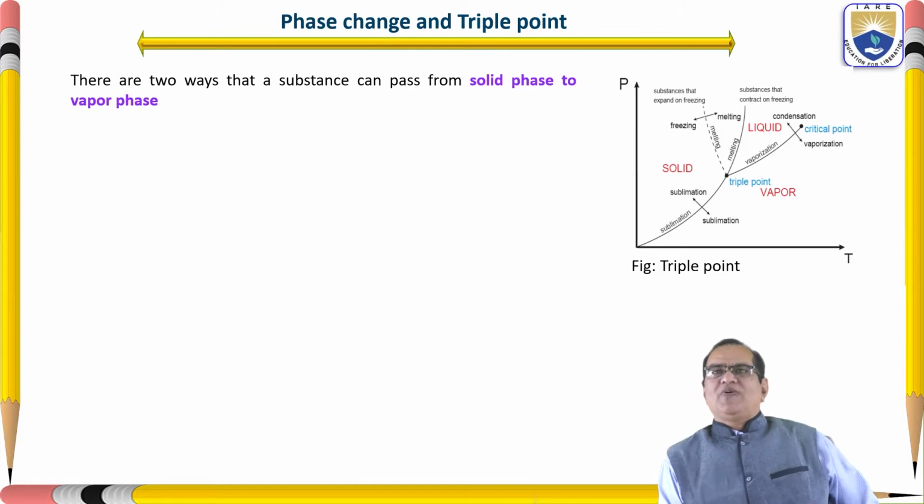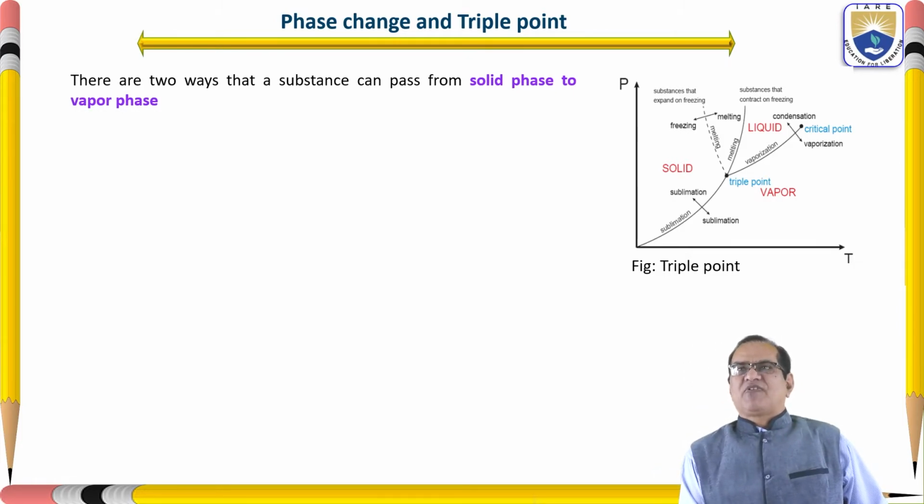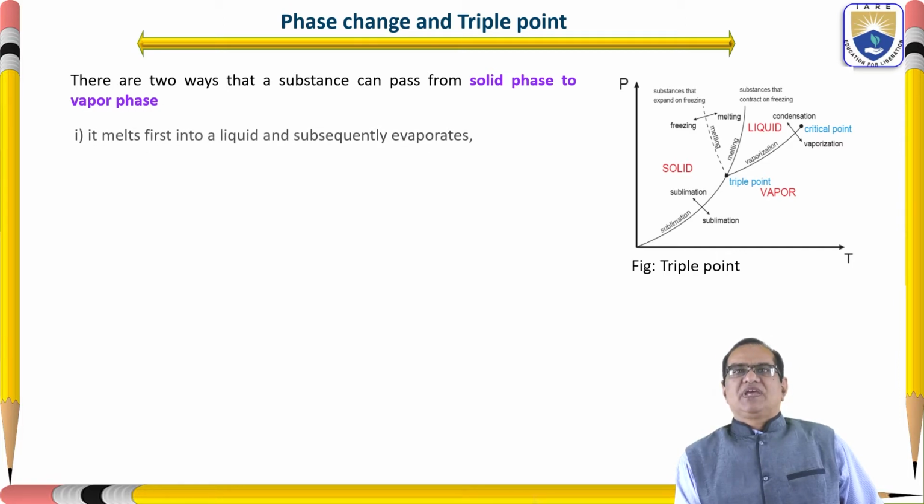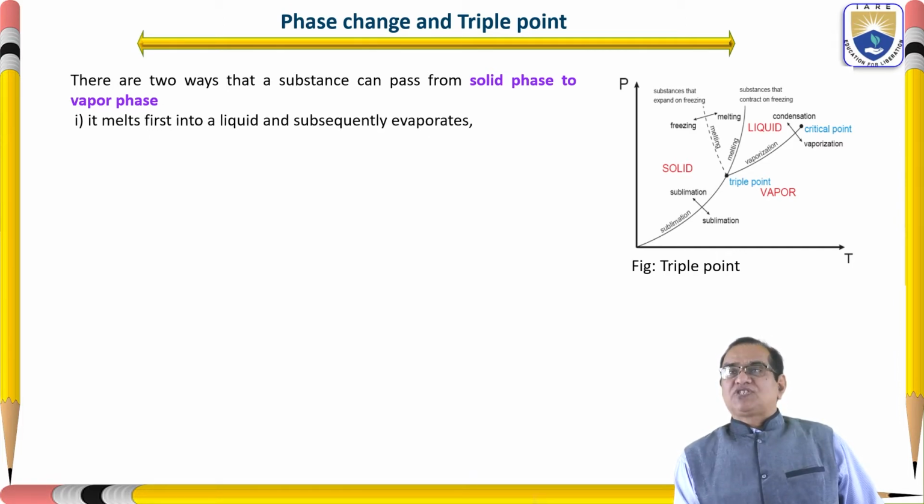There are two ways that a substance can pass from solid phase to vapor phase. One: it melts first into a liquid and subsequently evaporates.